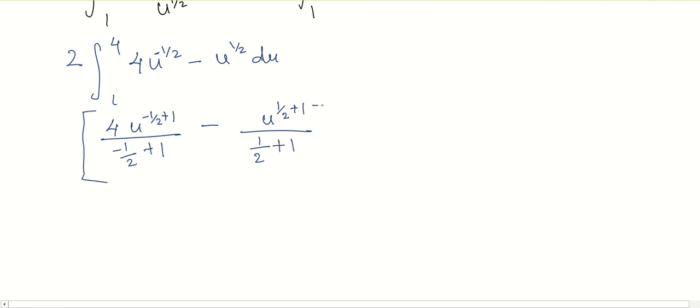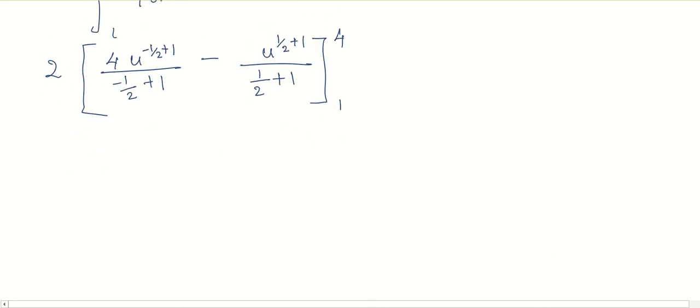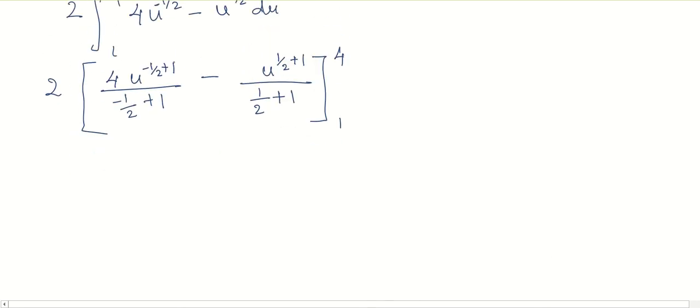So you have done your integration, and the limits you'll have to apply, and the constant too, you'll have to multiply it with that. So basically, if you clear it up, you'll get 4 u to the power of 1 by 2 divided by 0.5, which is 8 u to the power of 1 by 2.